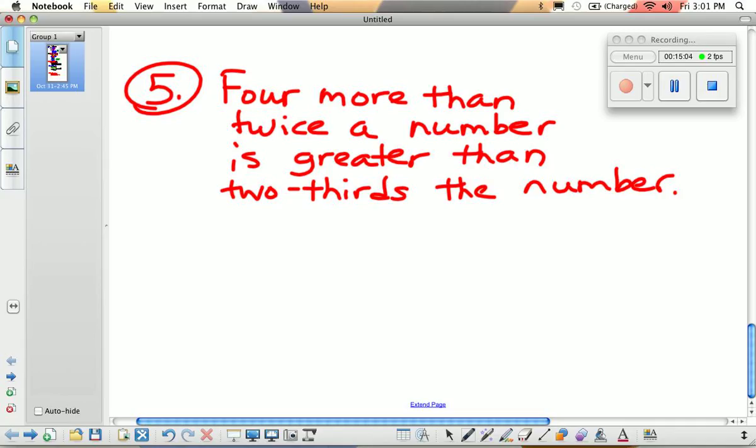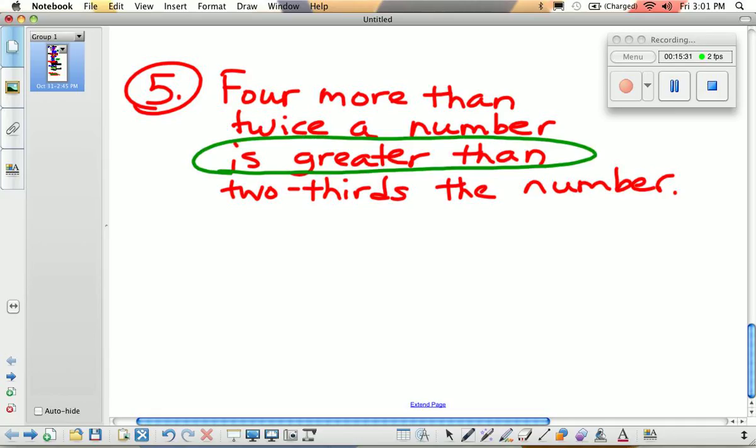Which words in there tell us the inequality symbol? More than? Is greater than? Both of them? Is greater than. Remember, in an inequality symbol, the word is included. So these words right here, is greater than, tell us what our inequality symbol is going to be.